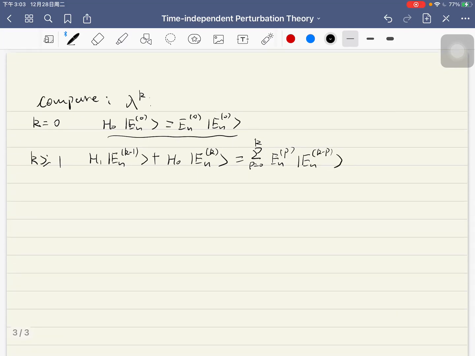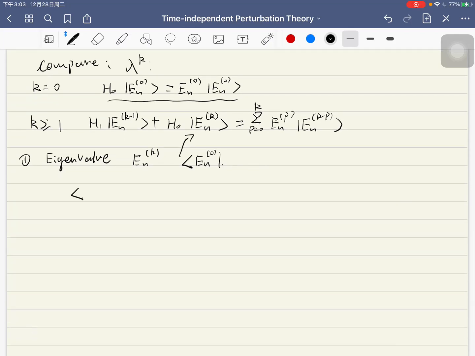First of all, we want to calculate the eigenvalue correction En(k). We can just apply <n0| from the left on this formula.